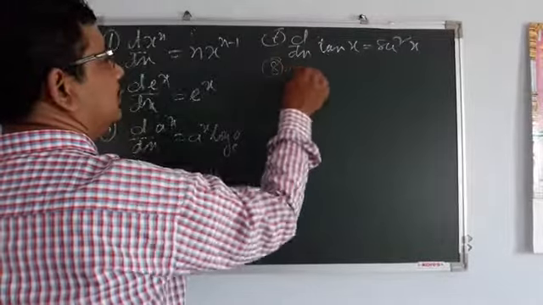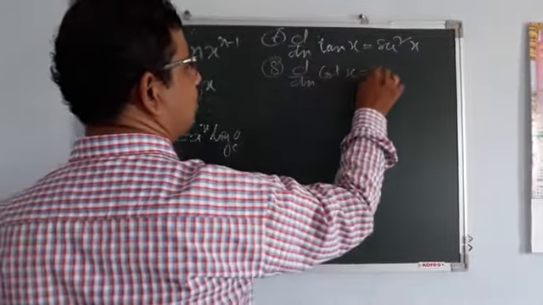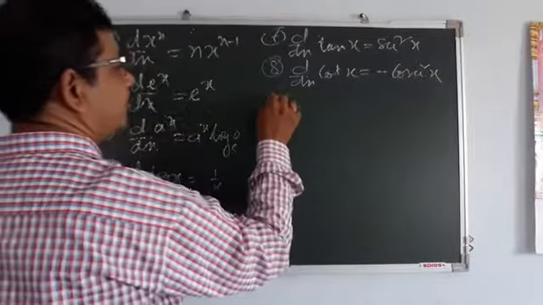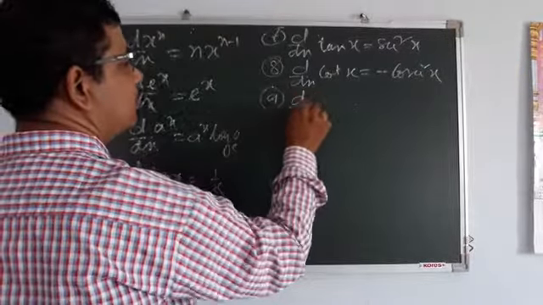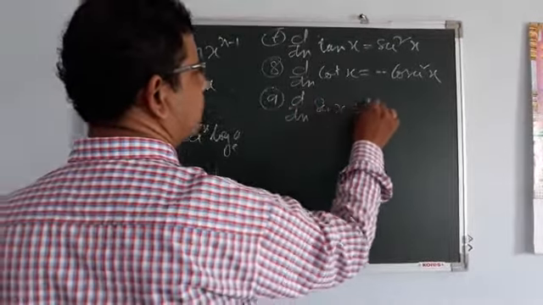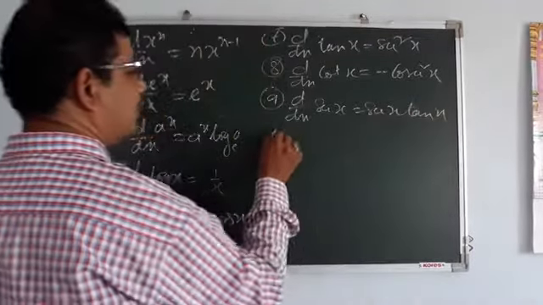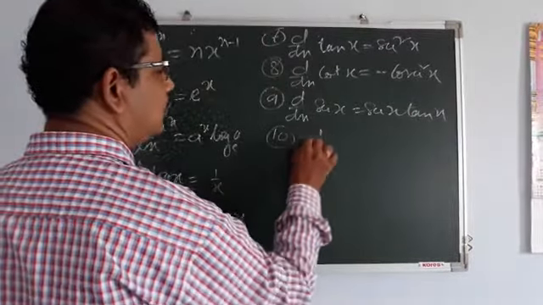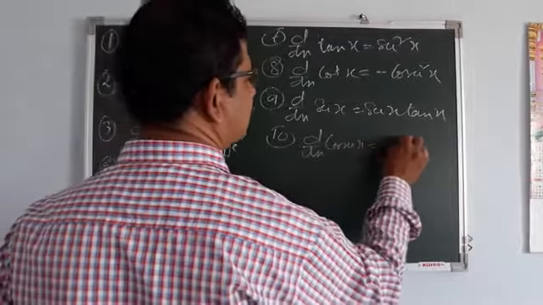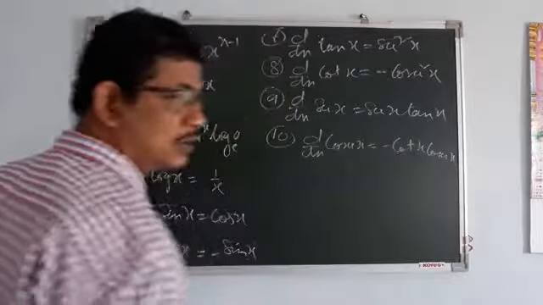Then d/dx of cot x is minus cosec square x. Then d/dx of sec x is sec x tan x. Then d/dx of cosec x is minus cot x cosec x.